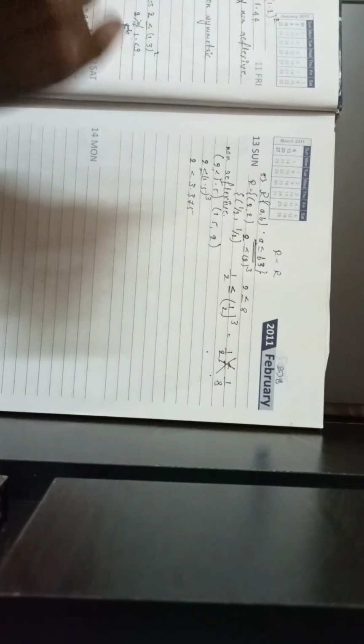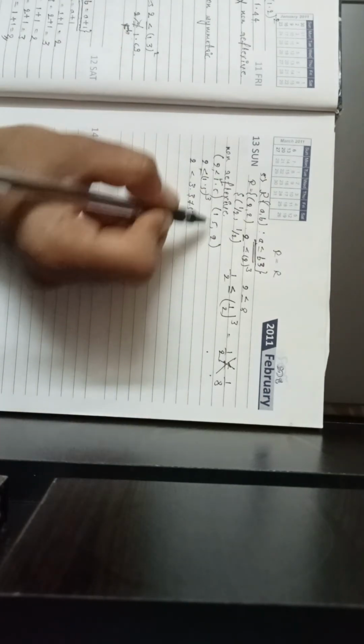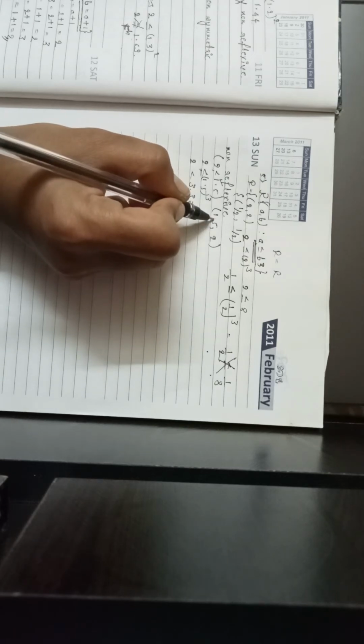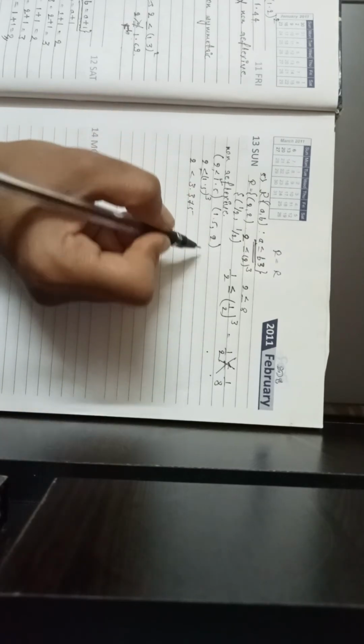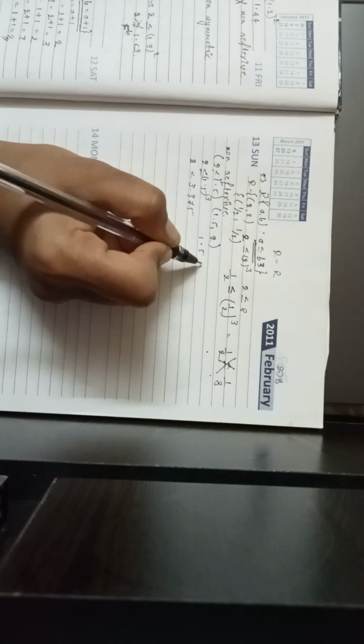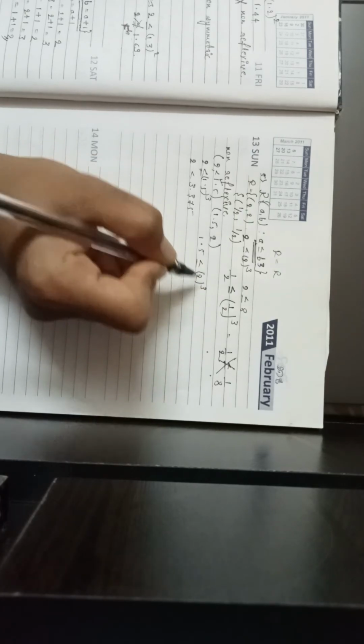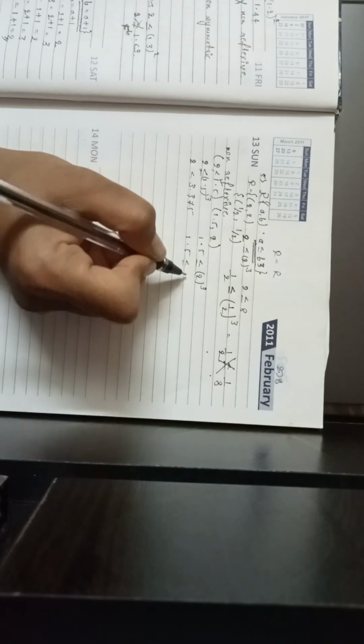So this is possible. Next, for the symmetric (1.5, 2), that is A is 1.5 and B is 2. So when I take 1.5, it should be less than or equal to 2 cube. And even for this, 1.5 is less than 8.